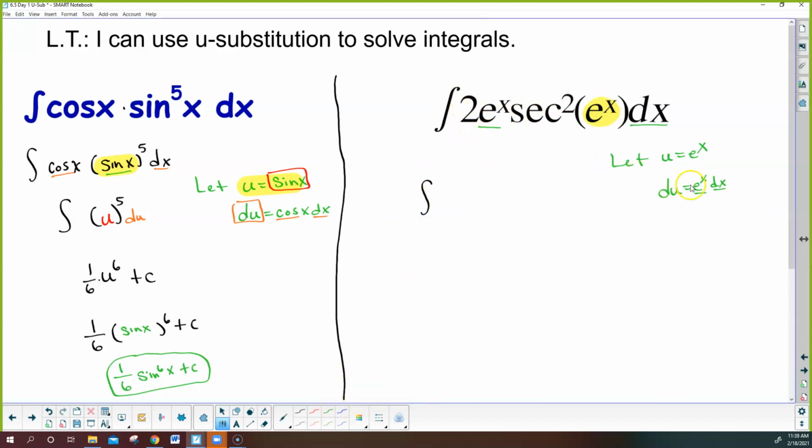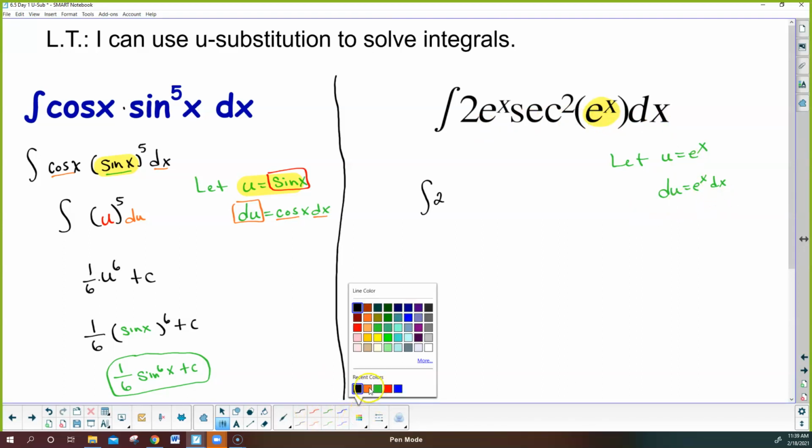So the 2, I don't have anything to replace that original 2, so that 2 is going to stay. This e to the x and this dx is going to be replaced with du. Okay, because I have e to the x and dx, and both of those are present.